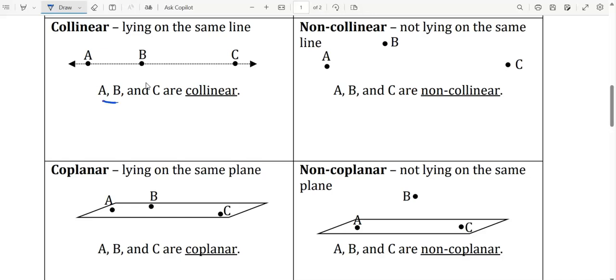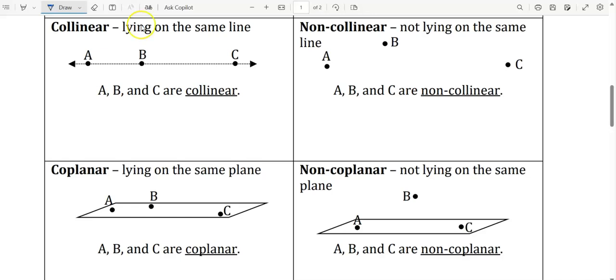Make sure you write down these pictures and representations, okay?